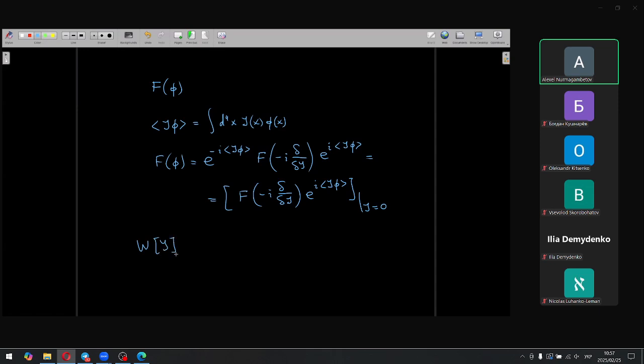It allows us to write down the generating functional as integral over possible configurations of our real scalar field.